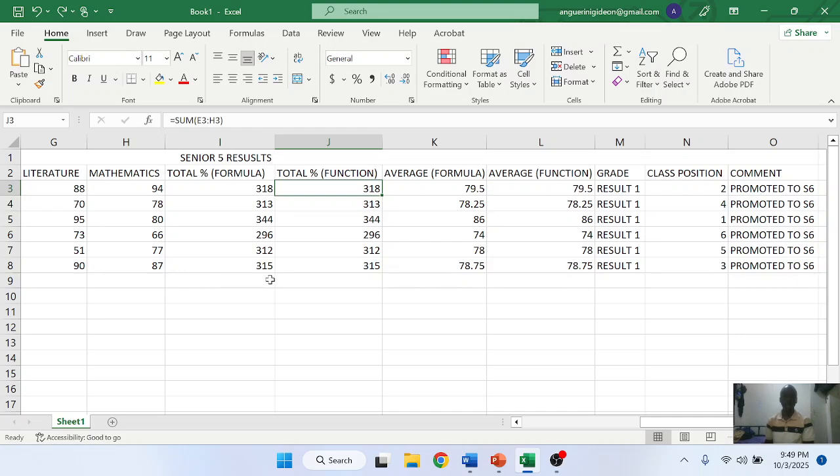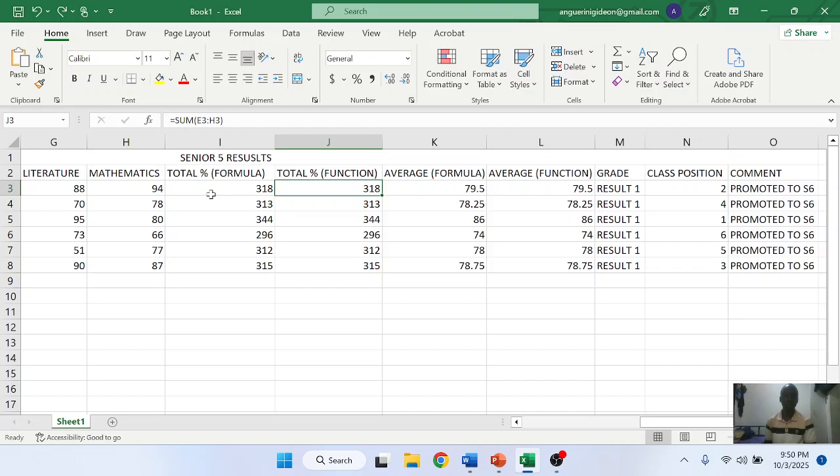And then we have #REF!, where a formula contains an invalid cell, or it contains a wrong cell reference.